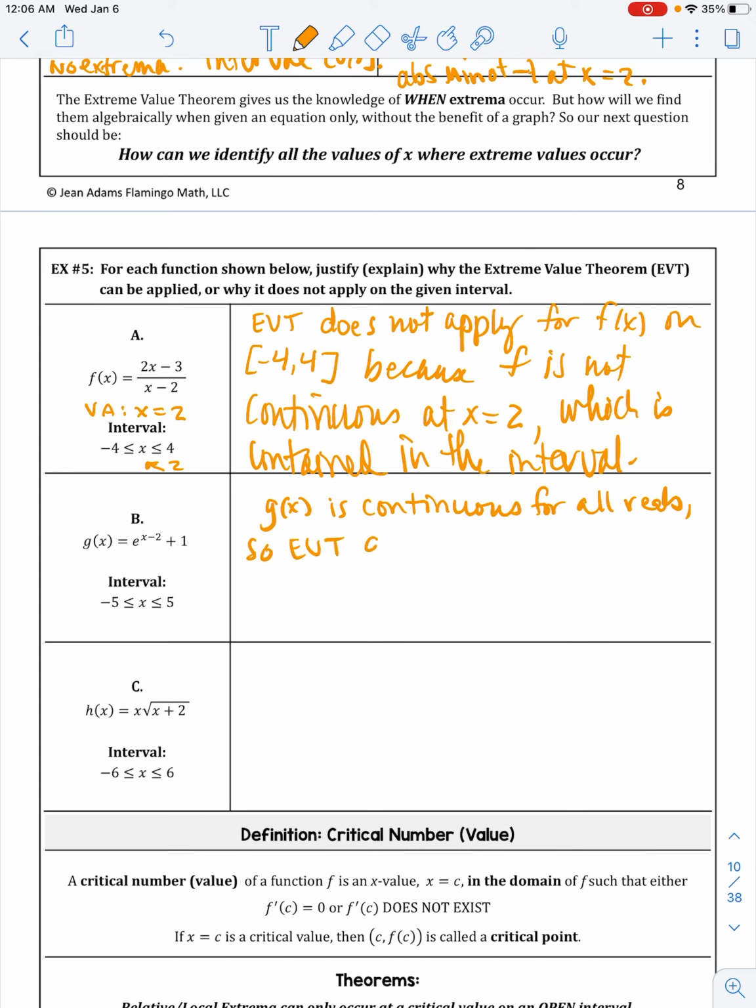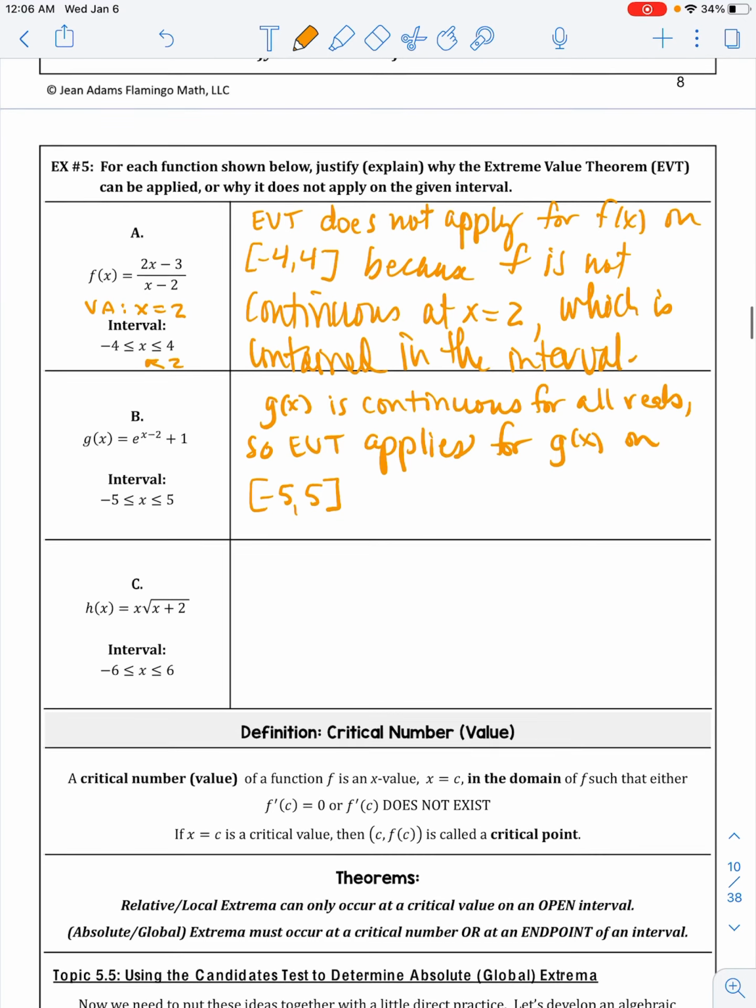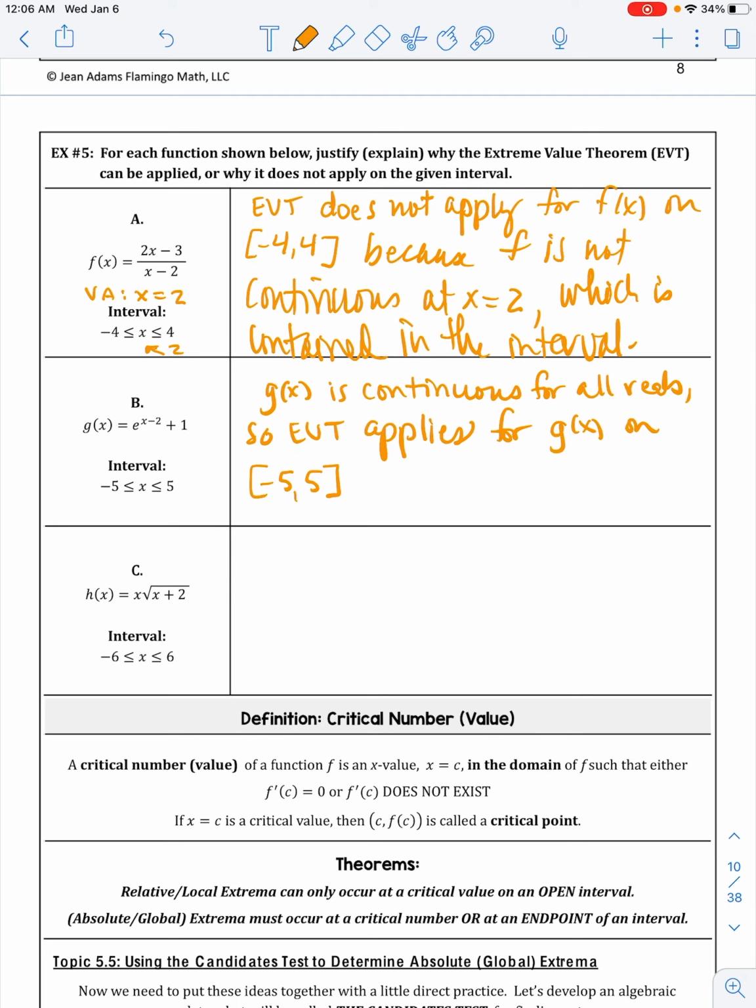So the EVT applies for g of x on that closed interval from negative 5 to 5. That means that they guarantee that there will be an absolute max and an absolute min for this function in between negative 5 and 5. Now, it may be the endpoints, right? That's when we have to worry about those endpoints.